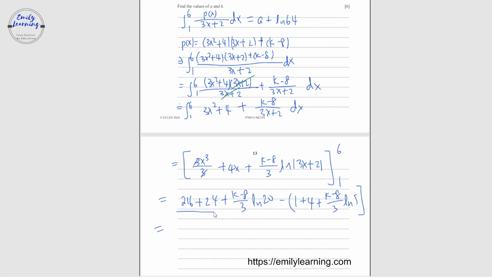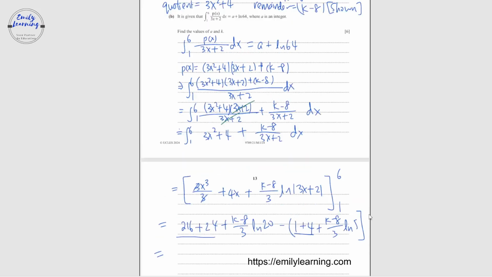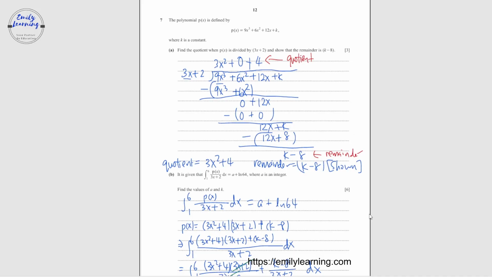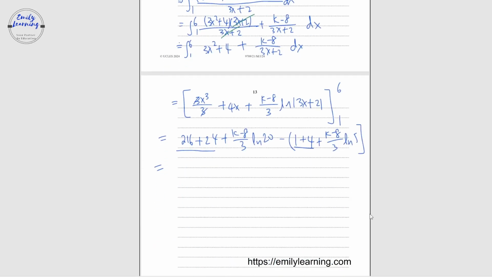So I'll take this and this, and I will simplify them. 216 plus 24 minus 5 will give me 235. Then here I have k minus 8 over 3 ln 20 minus k minus 8 over 3 ln 5.